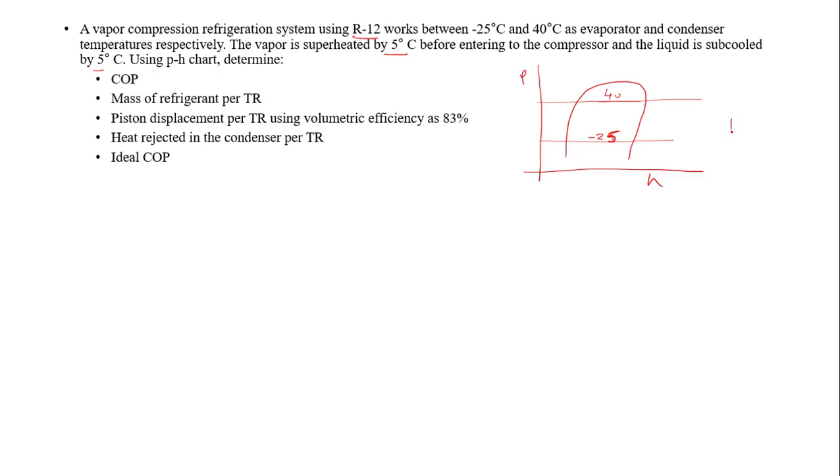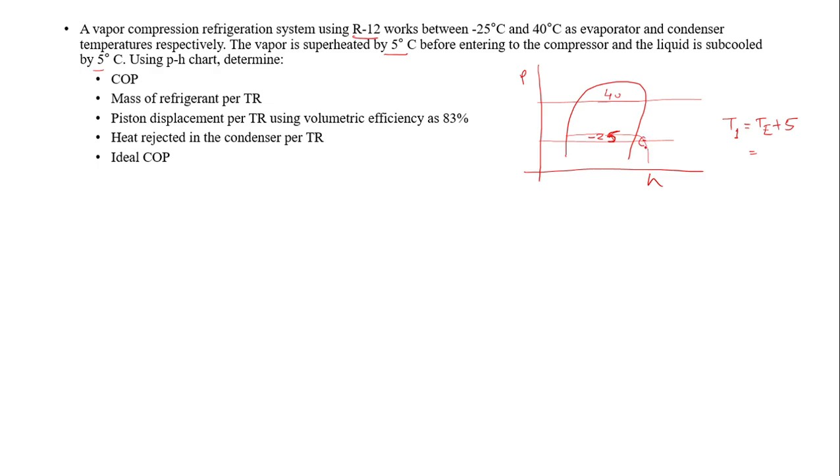So the temperature at point number 1 will be the evaporator temperature plus 5 degrees, the degree of superheat. So here it is -25 plus 5, giving the -20 line over here. Somewhere over here we'll have the -20 line, and then the curve of -20.